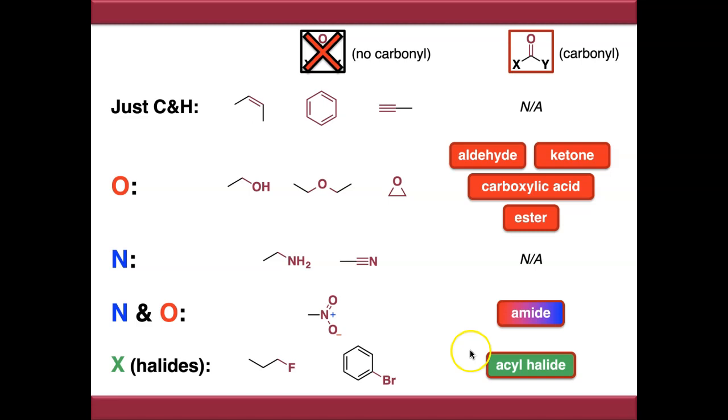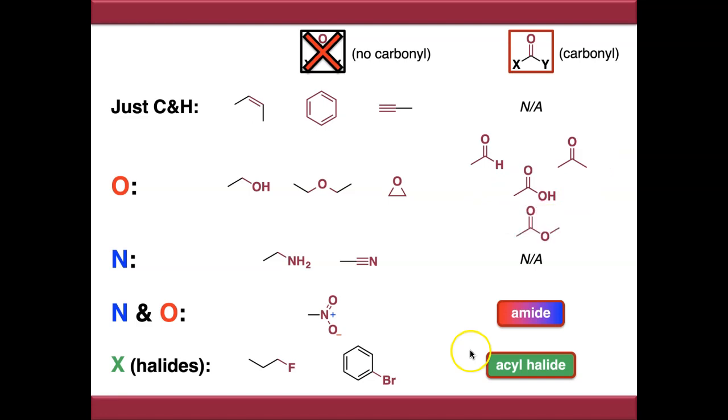And then in the carbonyl functional groups, we discussed aldehydes, ketones, carboxylic acids and esters, and then amides and acyl halides. So you'll come across these functional groups throughout this module and throughout your degree, and we'll get into how the chemical reactions work with them and that sort of thing as we go through. But you should be able to identify these functional groups as part of organic molecules as a core skill in this module.